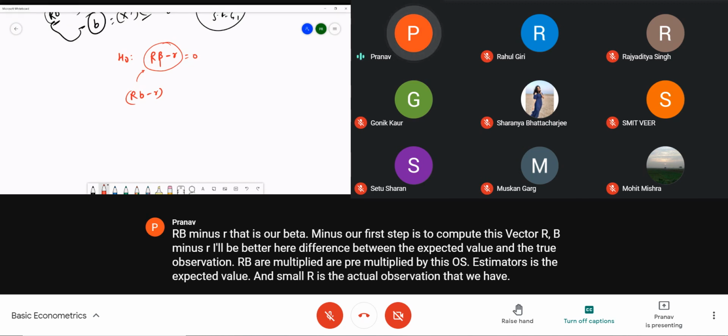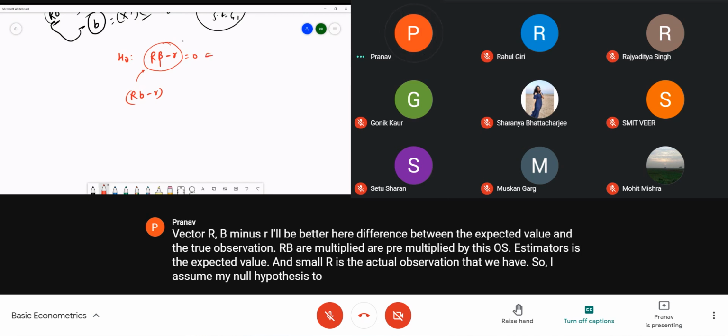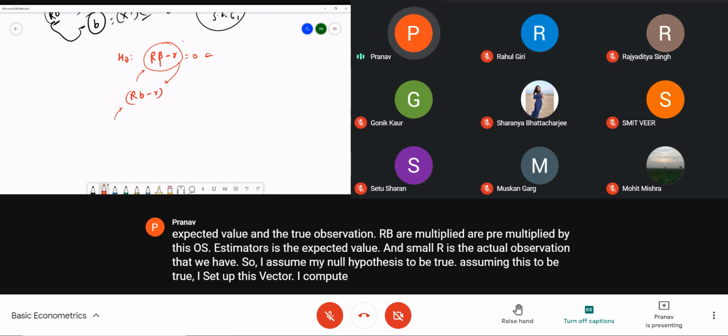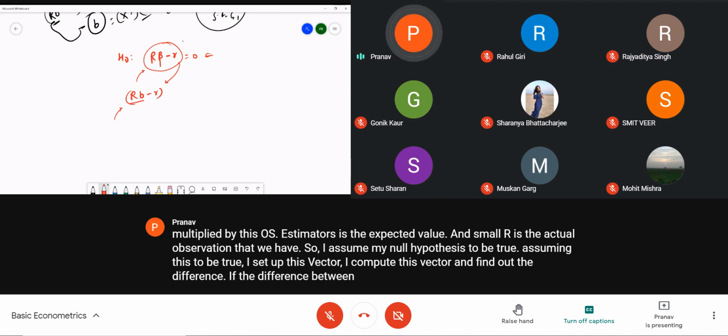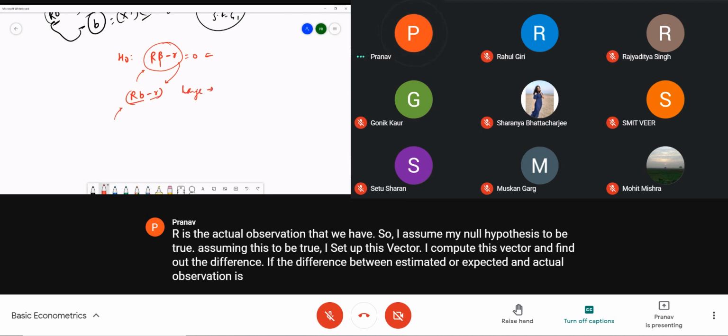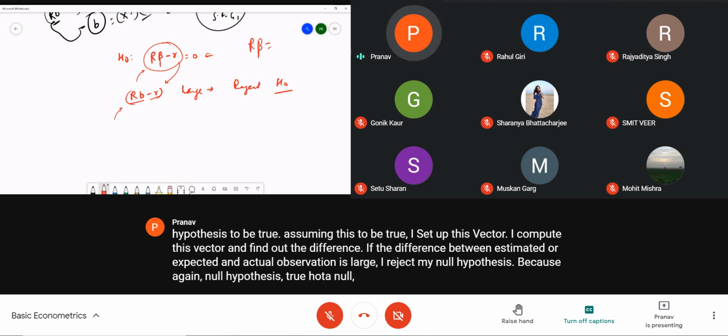So I assume my null hypothesis to be true. Assuming this to be true, I set up this vector, I compute this vector and find out the difference. If the difference between estimated or expected and actual observation is large, I reject my null hypothesis. Because if the null hypothesis were true, what is my null hypothesis? R beta is equal to r.